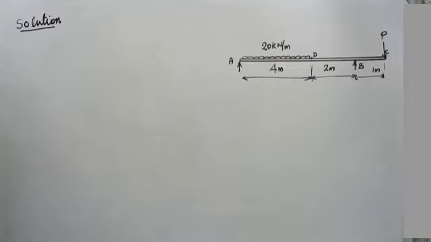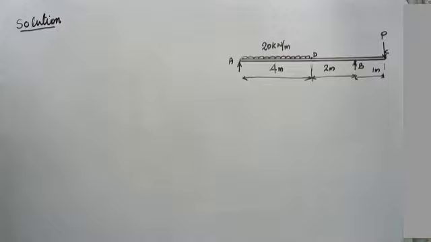So in order to solve this problem, first of all, we have to find the values of RA and RB. It is also mentioned in the question that reactions at supports A and B are equal.